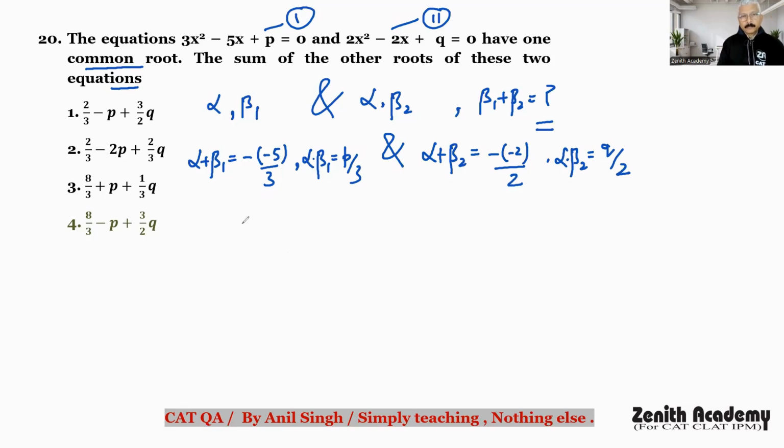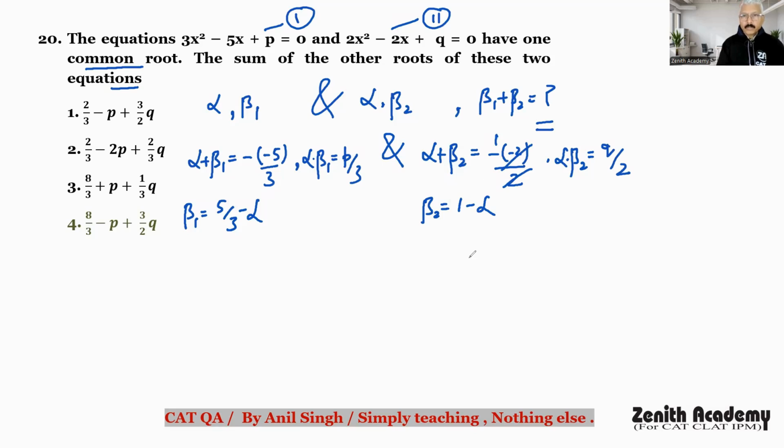So from here, we can say beta 1 is 5 by 3 minus alpha, and from here beta 2 is 1 minus alpha, since minus minus plus 2 by 2 is 1.